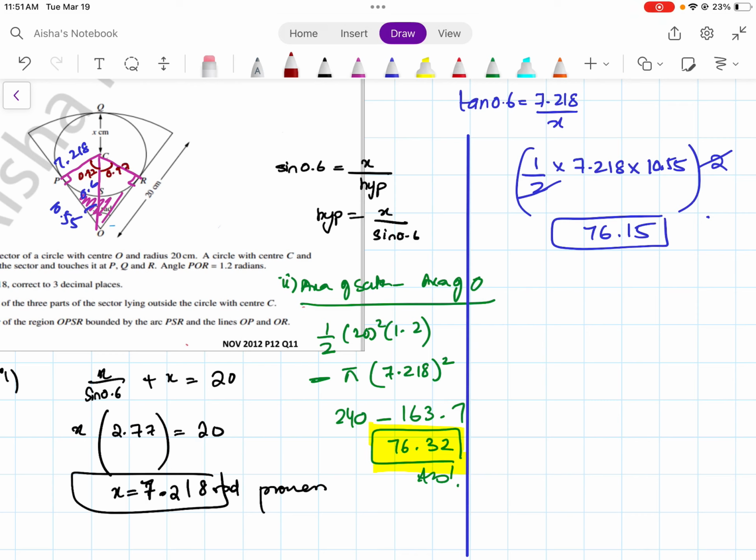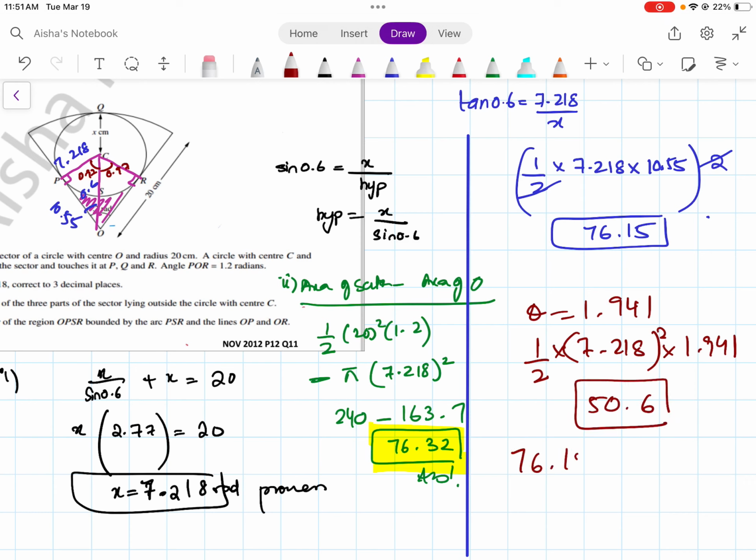And this angle will also be 0.97. So then total theta is 1.941, half r square into theta. Now subtract.